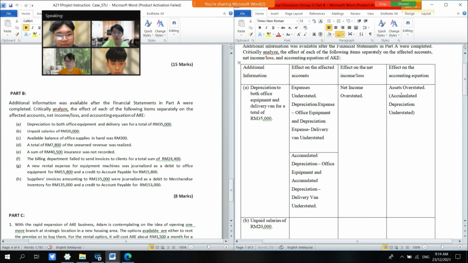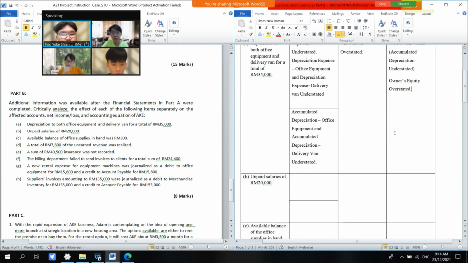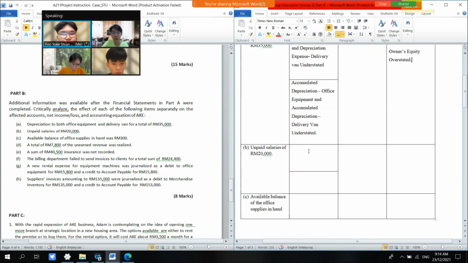And the second effect on the accounting equation will be owner's equity overstated, because the net income is overstated. So I will pass to Jala to continue the additional information.